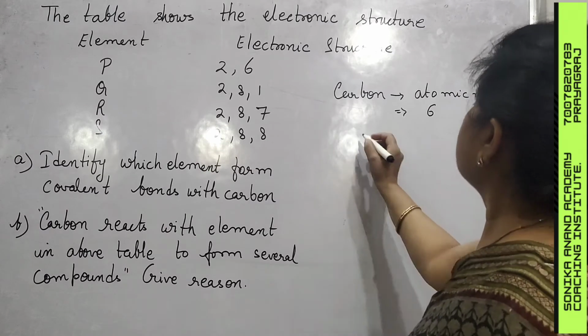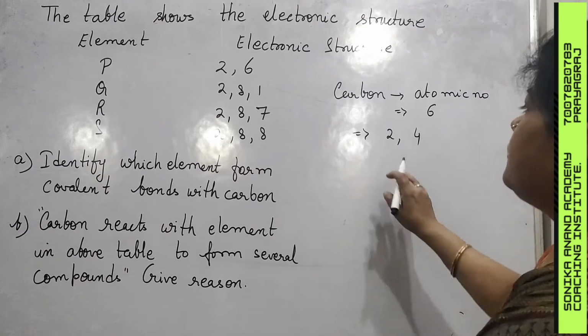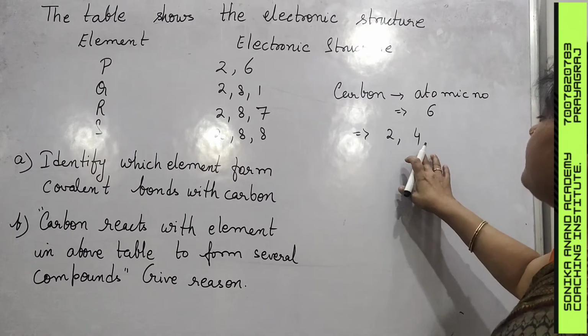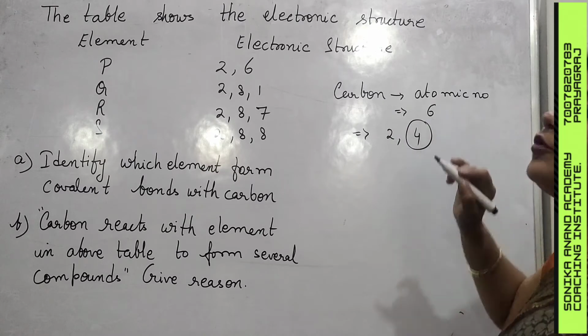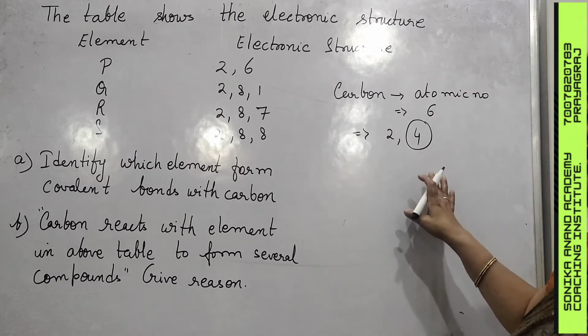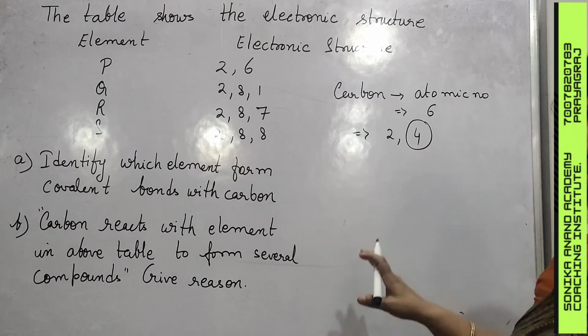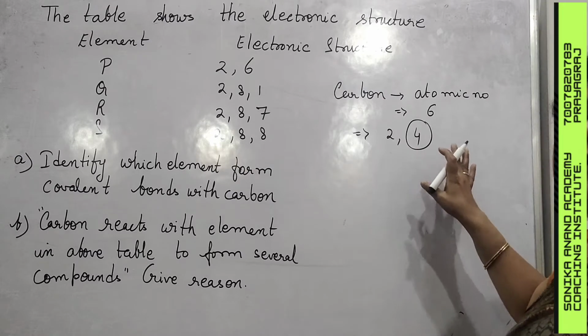So its electronic configuration is 2 and 4. And from the electronic configuration of carbon, we can observe easily that in the outermost orbit, it has 4 electrons. That means it needs 4 more electrons in order to form the covalent bond, in order to form the sharing, in order to form the octet.